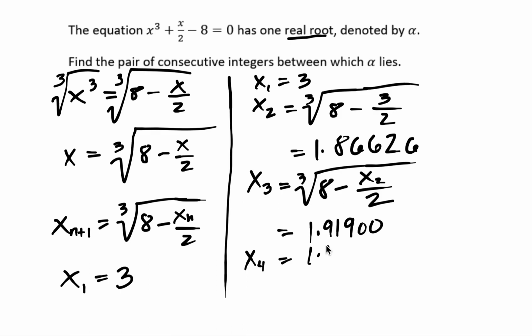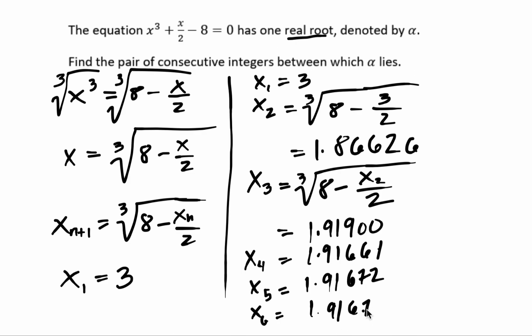My answer now is x4 equals 1.91661. x5 is equal to 1.91672. x6 equals 1.91672 again.